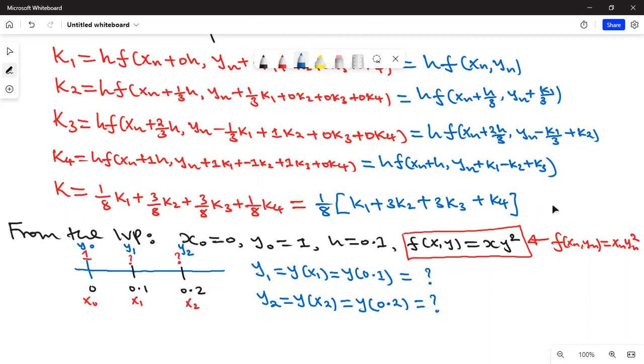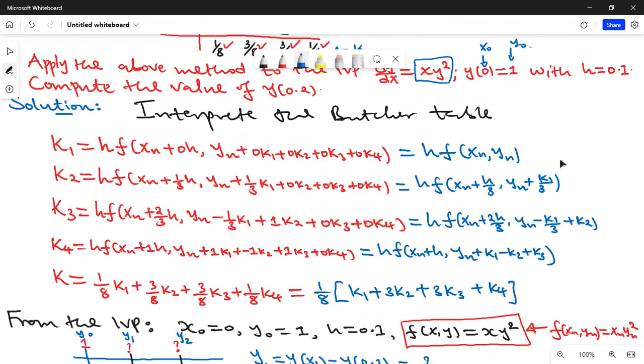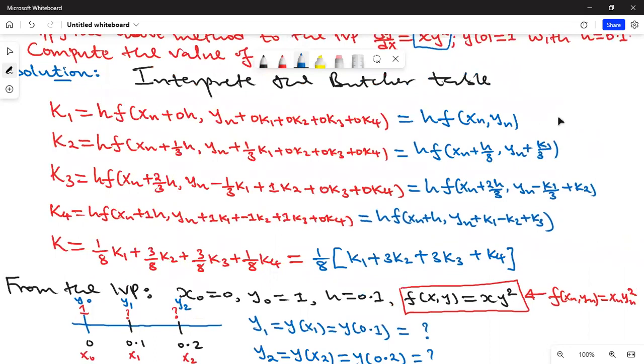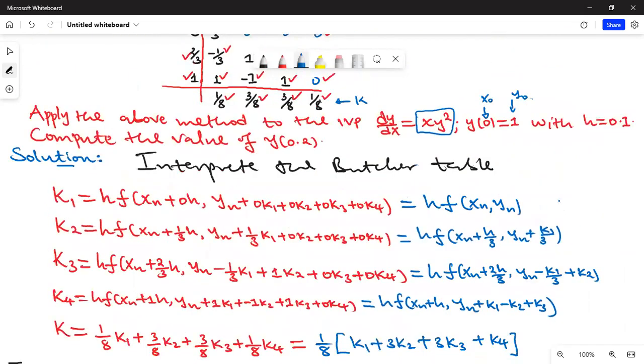Now, remember we are iterating from n equals 0, 1, all the way up to the last one, that is when n is 2. And you know that yn plus 1 is always equal to yn plus k. So once you have found k1 all the way up to k4 and also the value of k, you simply need to substitute your values here so that you get y subscript n plus 1.